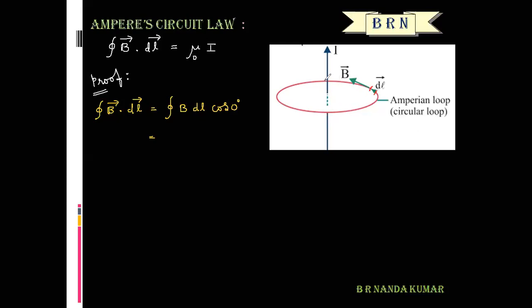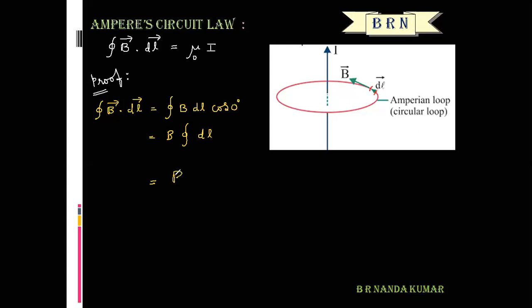The angle between B vector and dl vector is 0. So we can take B outside the integral: B cos 0, which is 1, times the integration of dl.